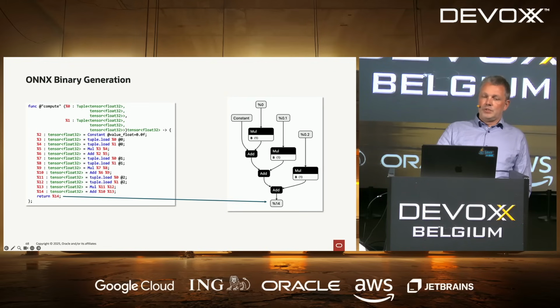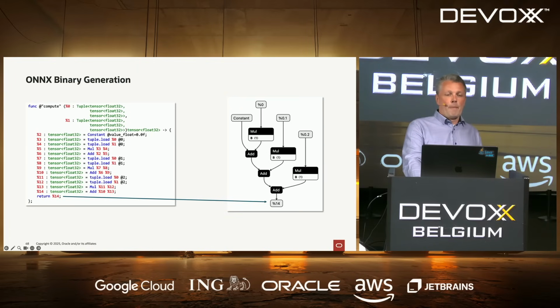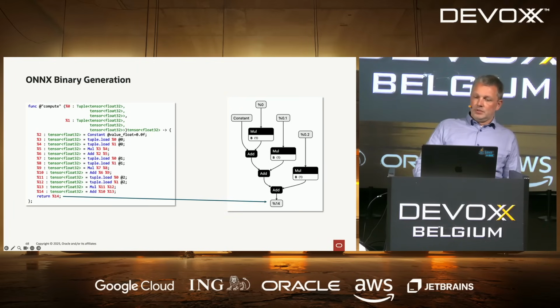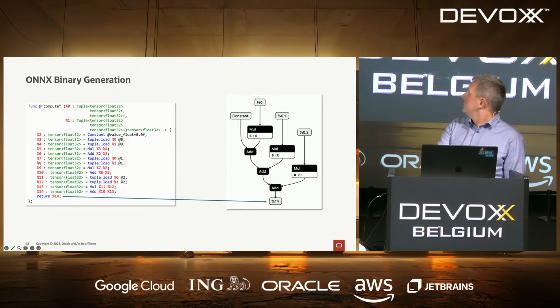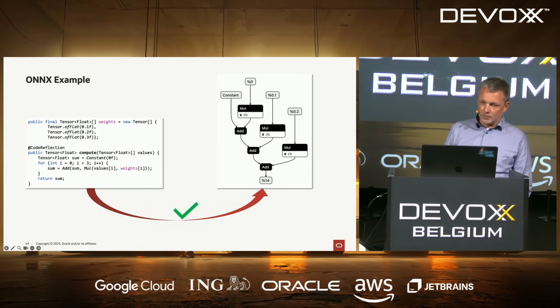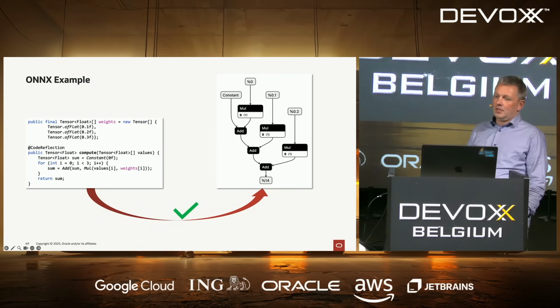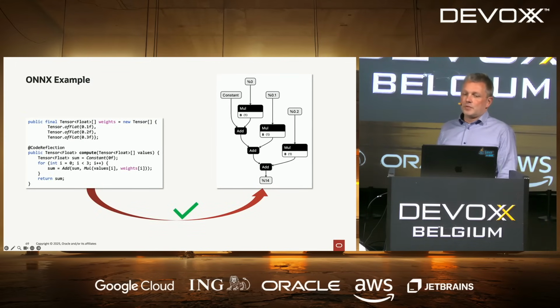Return, which is only one, only from flat, simple code, is the return value from the computational graph in ONNX. So that's it. We are done. And we've transformed Java methods into an ONNX binary with just a few almost simple steps in the background.